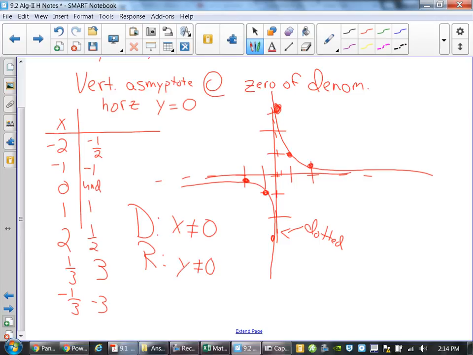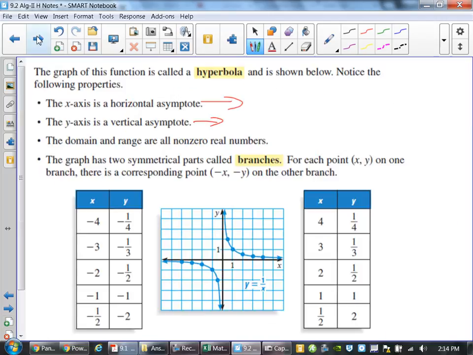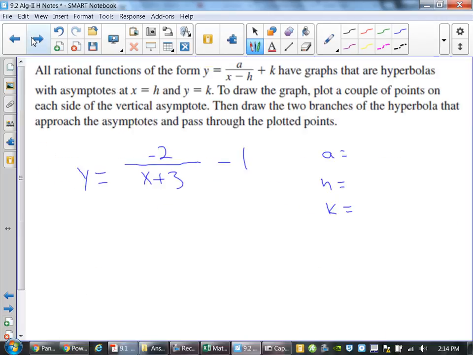But let's look at it in terms of what happens when we move stuff around. Let's put a rational function in terms of a, h, and k. We're going to look at rational functions in two ways today: a, h, and k, and then another somewhat similar one. So y equals a over x minus h, plus k.